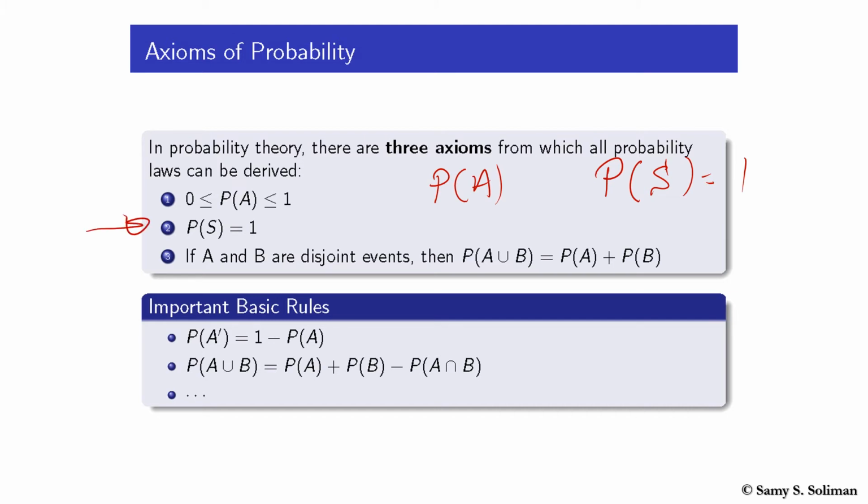We have already discussed the second axiom while explaining the first one. It is that the probability of the sample space is equal to 1. Finally, for the third axiom, if we have two events which are disjoint, as we said before, disjoint means mutually exclusive, which means that if one of them happens, the other can never happen. So these are mutually exclusive events, and their intersection is phi.